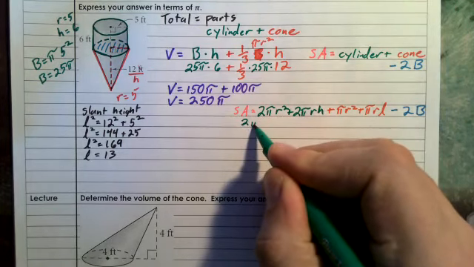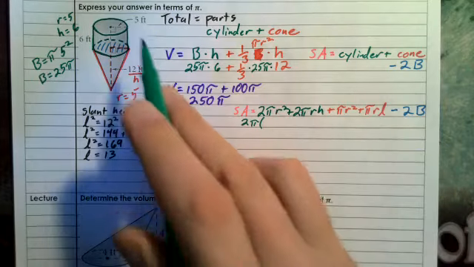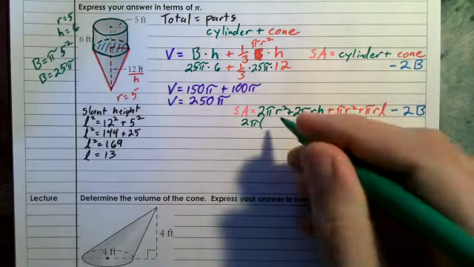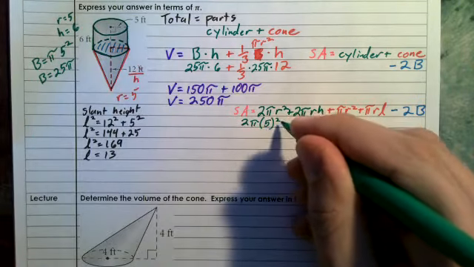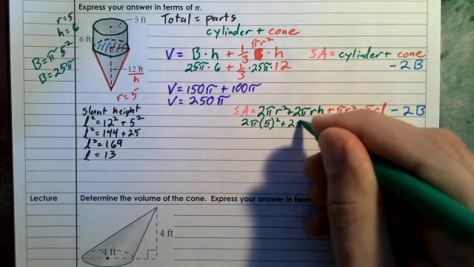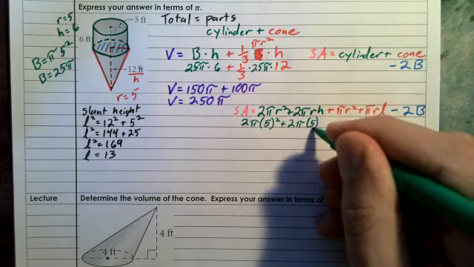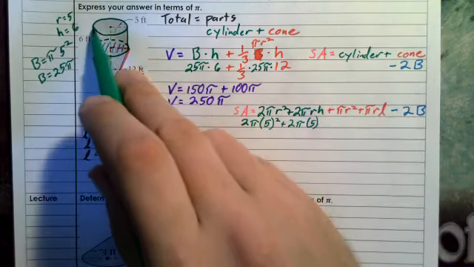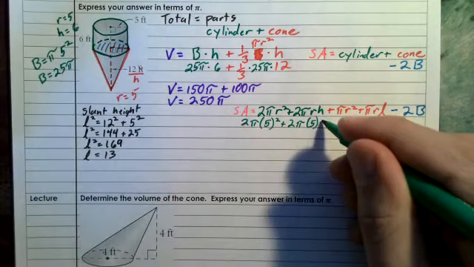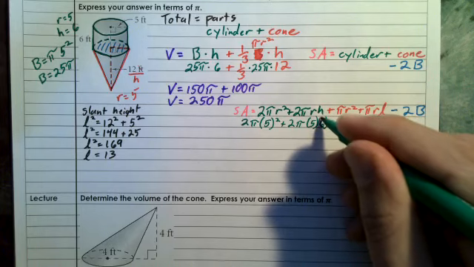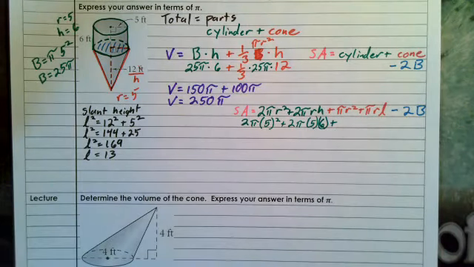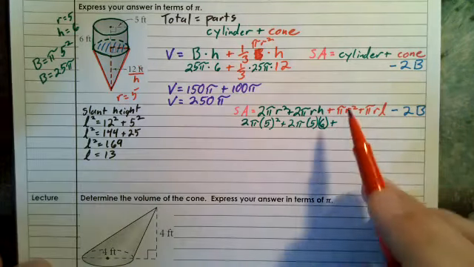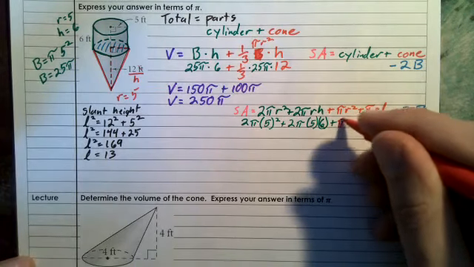So that is 2 pi. Our radius for the cylinder is 5 plus 2 pi. Radius is 5. The height of the cylinder, that's right here. So that's got to be 6. And that's my cylinder in. Then for the cone, we've got pi.